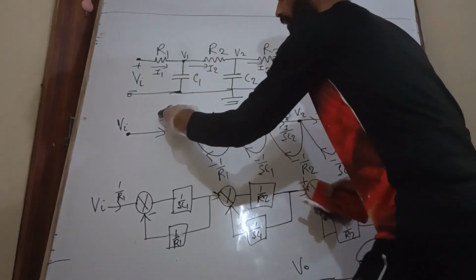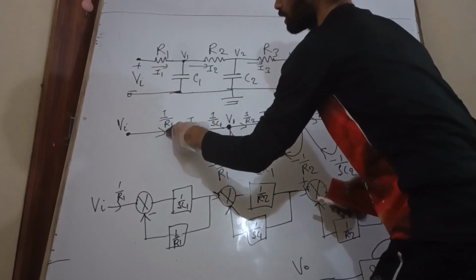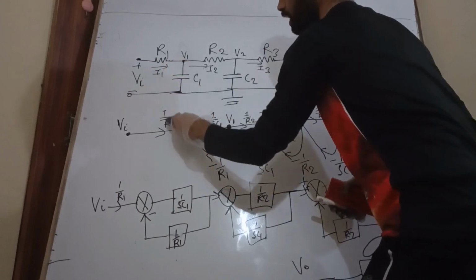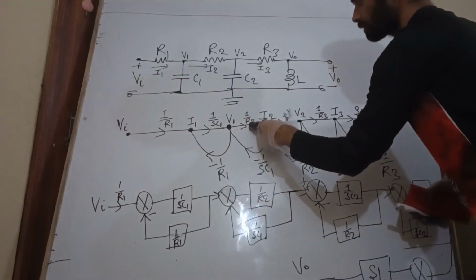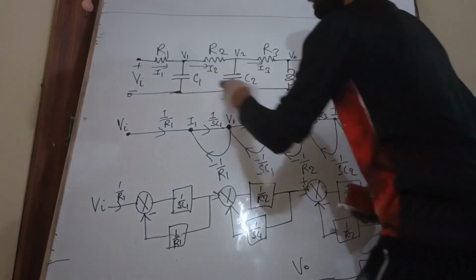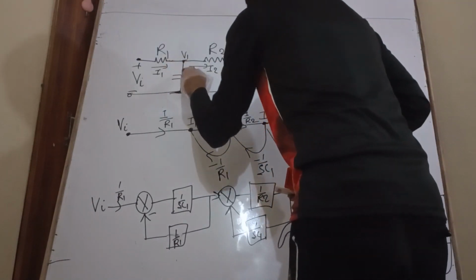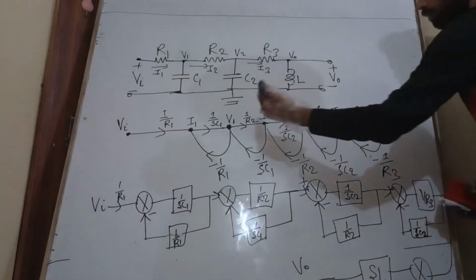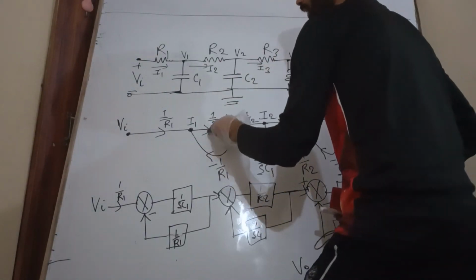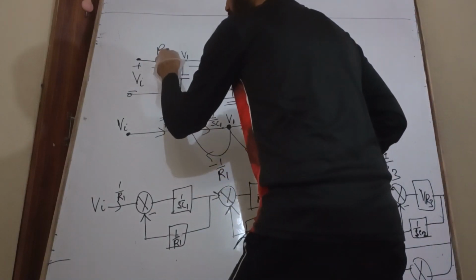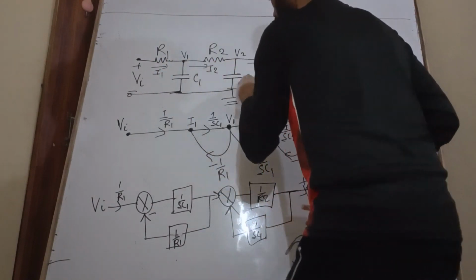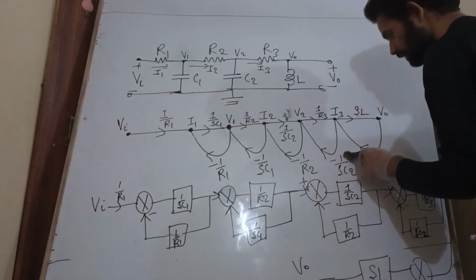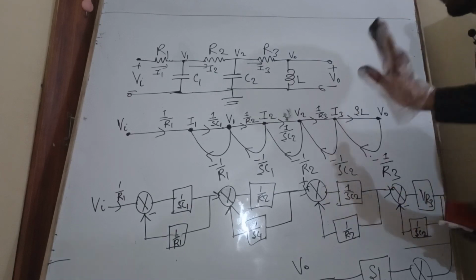First R1 is admittance, then impedance, then admittance, in the forward path. Then in feedback, this is admittance, okay.